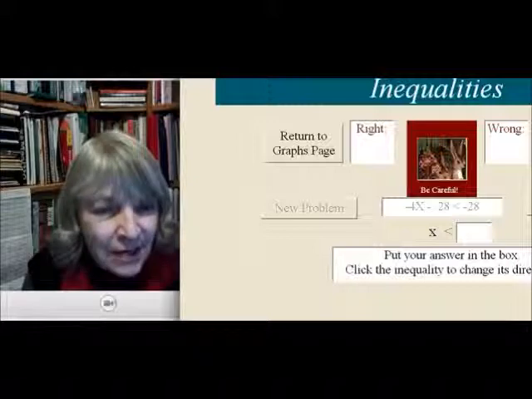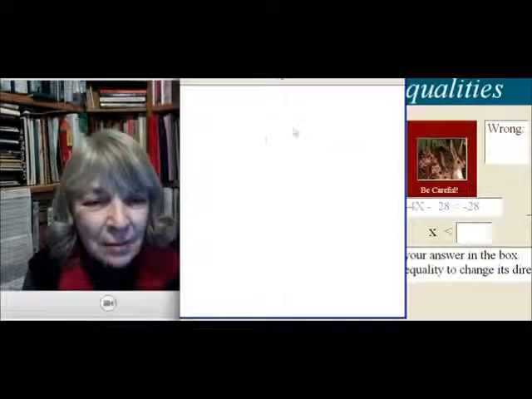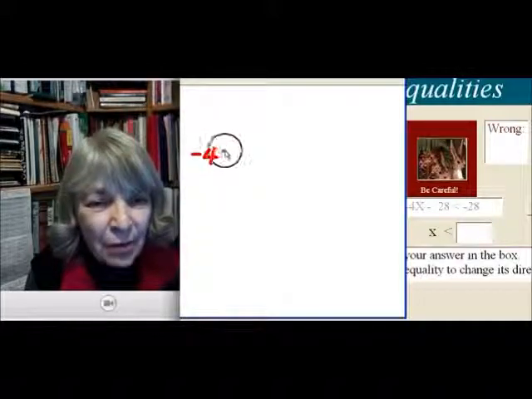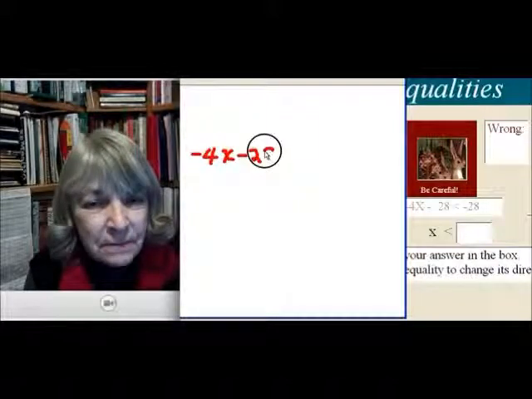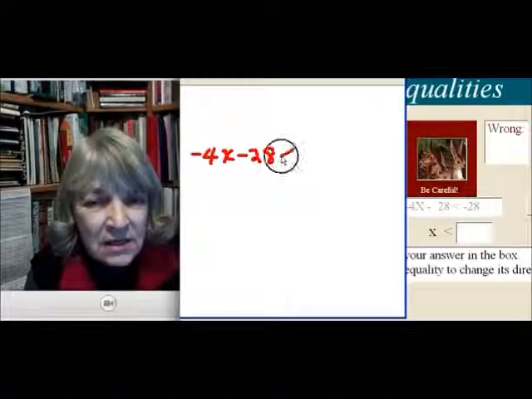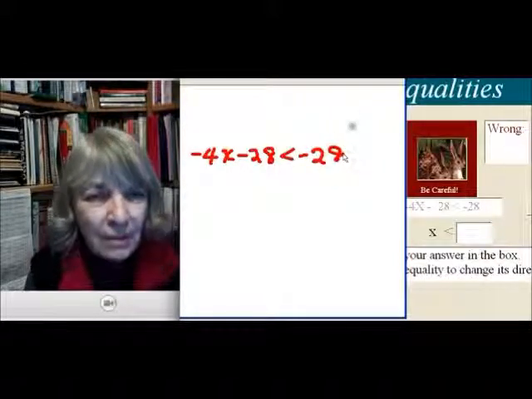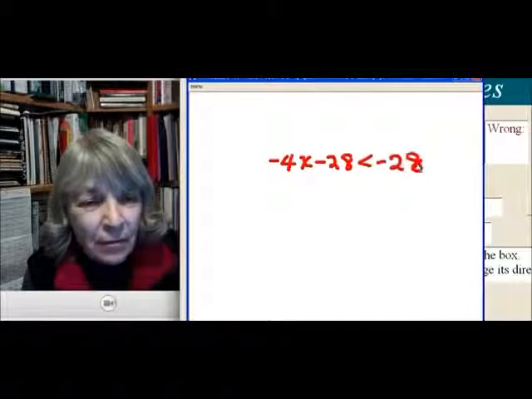So I'm going to copy this problem. Negative 4x minus 28 is less than negative 28. Welcome to the world of random numbers.